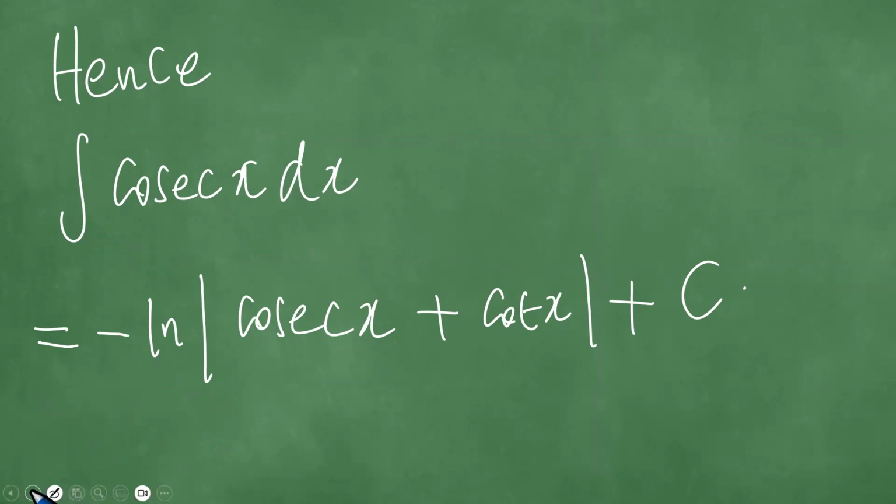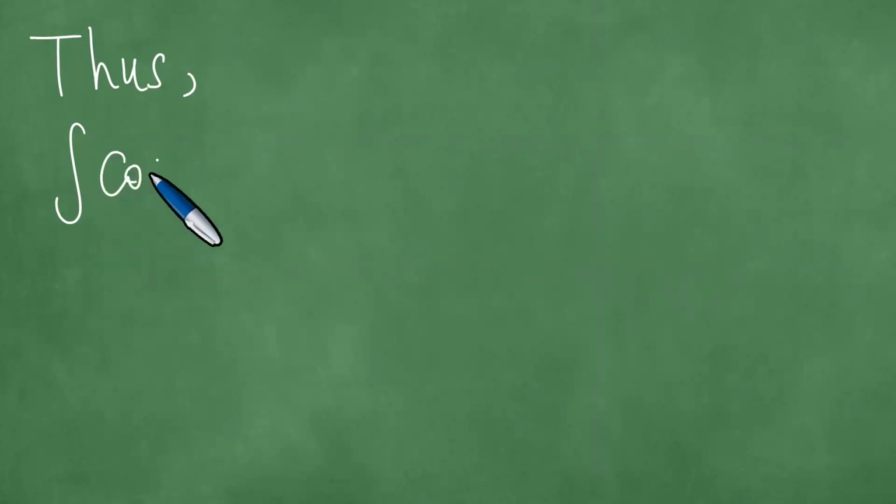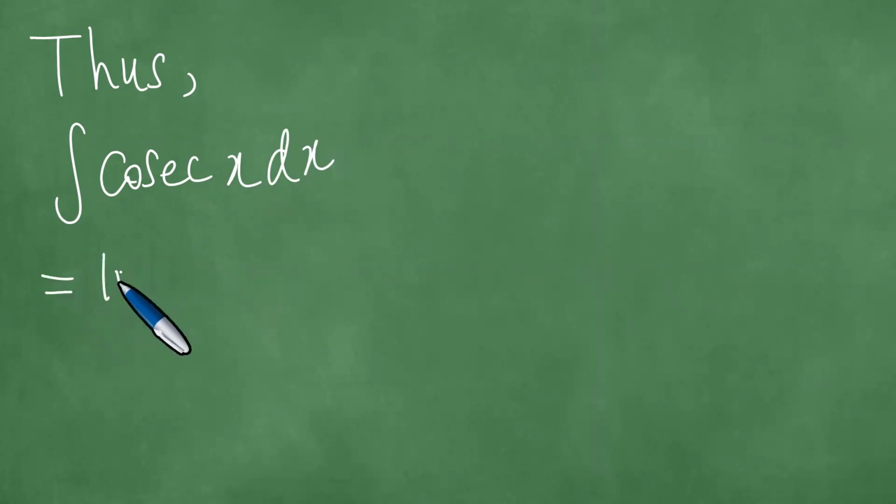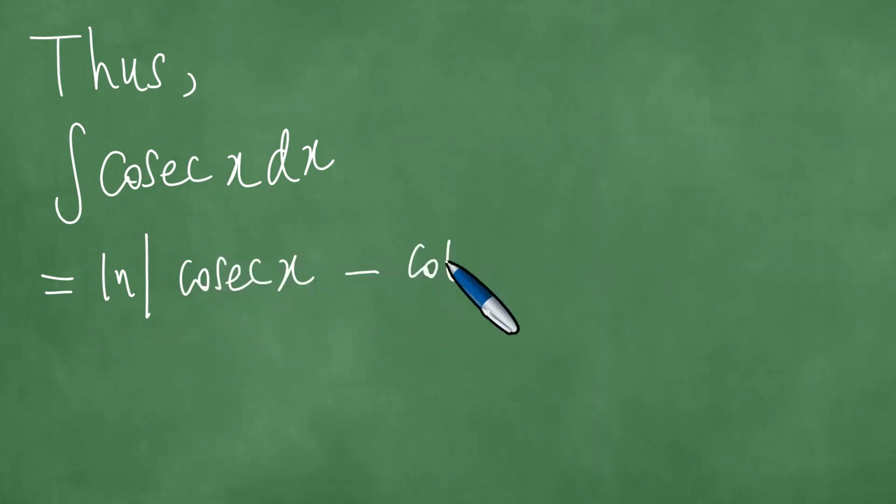I'm going to write the following step. Thus, the integral of the cosecant of x with respect to x is the natural log of the cosecant of x minus the cotangent of x plus c.